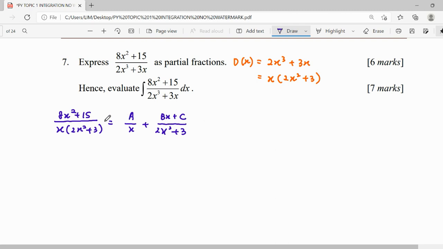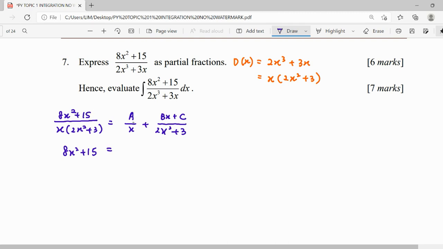Then after that, our next step is to form an equation. We will equate their numerators. So 8x squared is our complete fraction, and this is our partial fraction, so they should be equivalent to each other.